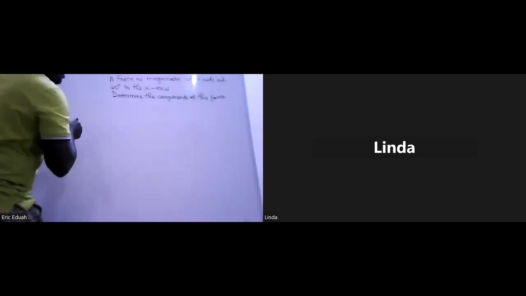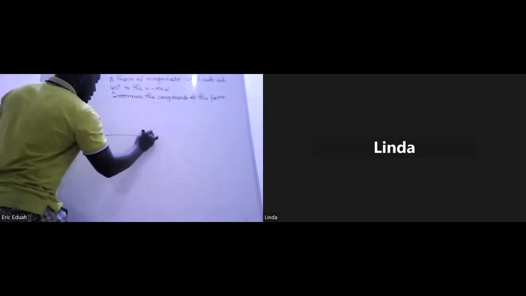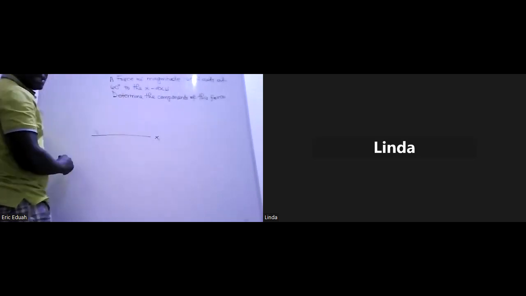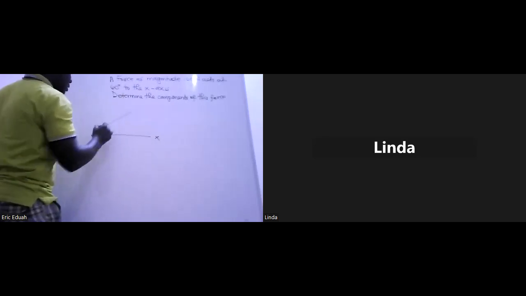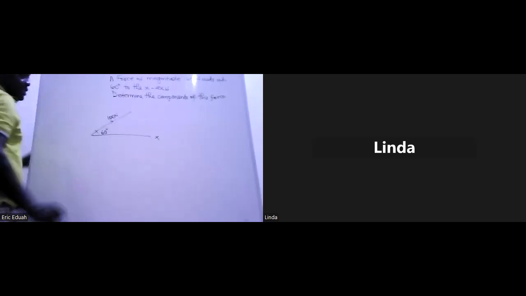So let's first draw it. We said the force is at an angle to the x-axis. So this is my x-axis, and an angle of 60 degrees from it. This is 100 Newton, 60 degrees.